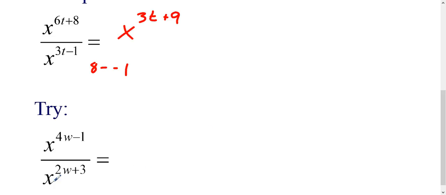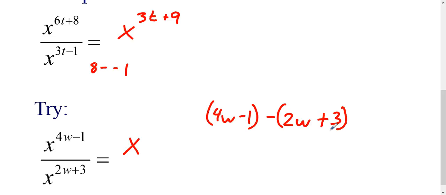Do the same thing with this one. The bases are the same, x and x. So we will subtract 4w minus 1 minus 2w plus 3. If it makes more sense for you, you can write out the whole thing as an actual algebra equation. If you do it that way, just remember that you do have to distribute the negative.